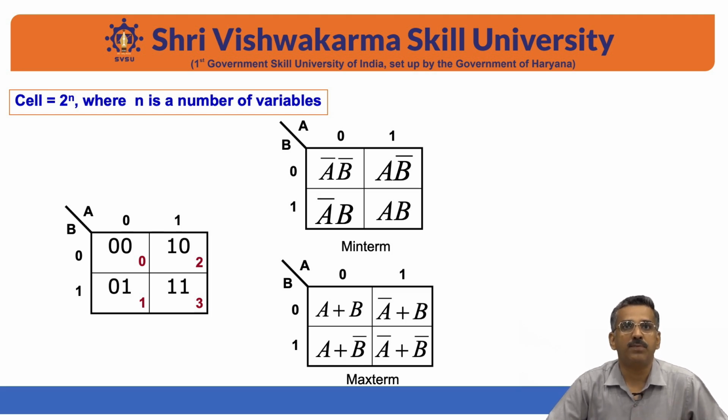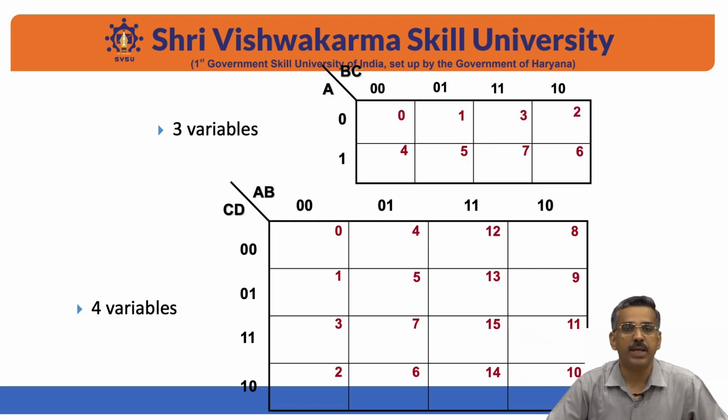If the number of variables is 3, we will have 8 cells in the K-map table, which can be represented like this.